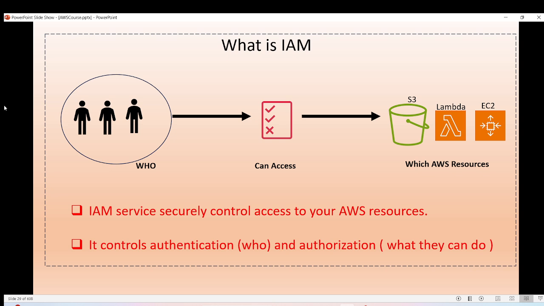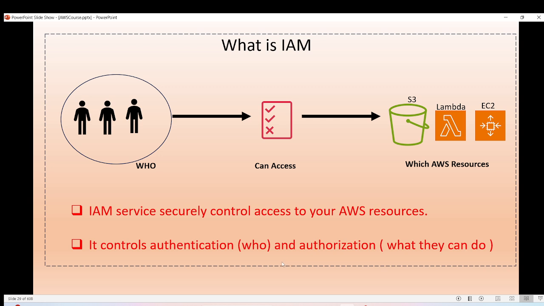The IAM service securely controls access to your AWS resources. It controls authentication and authorization. Guys, we have hands-on on authentication and authorization, but for now, authentication means who can access the AWS resources, and authorization means what they can do.